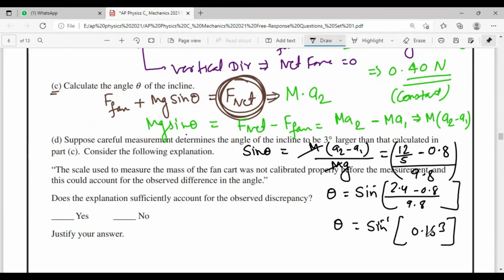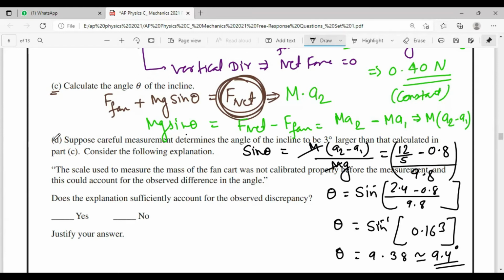So theta is equal to 9.38, or you can approximate it as 9.4 degrees. So this is basically the inclination theta. I hope you understood this explanation. If there will be any doubt, you may comment in the comment section.